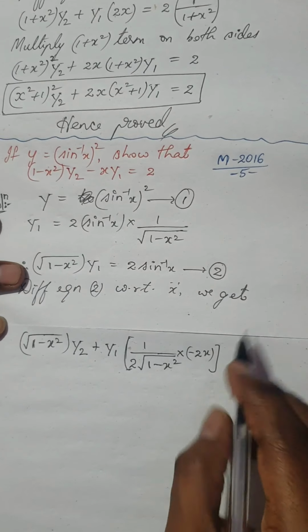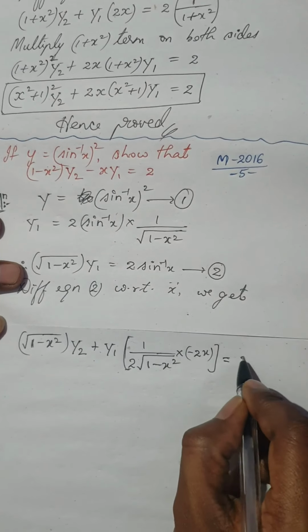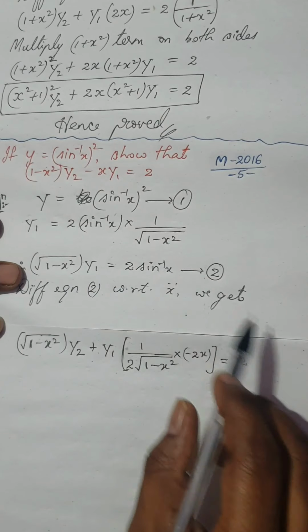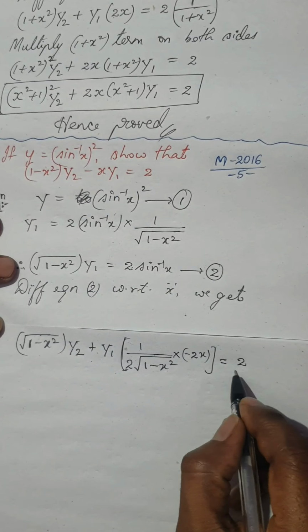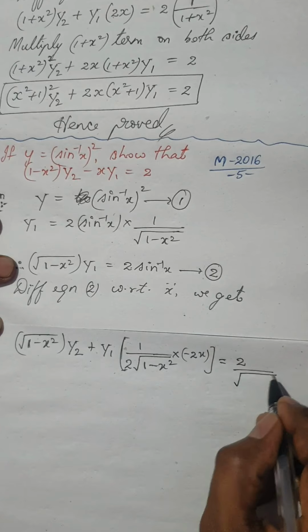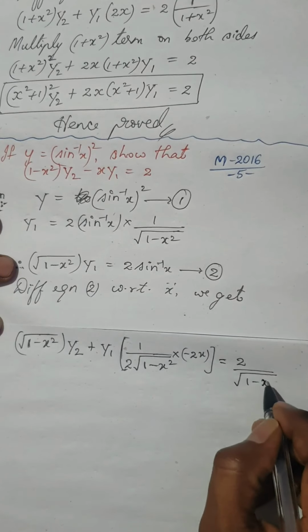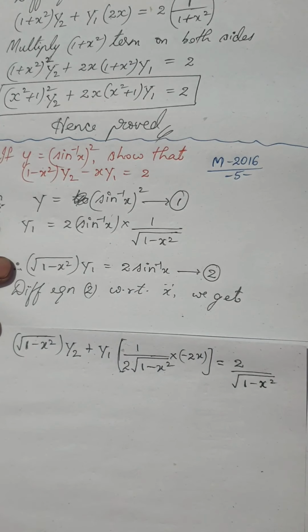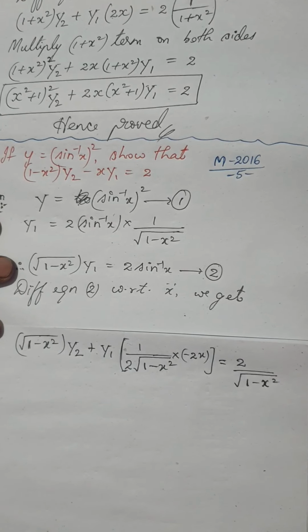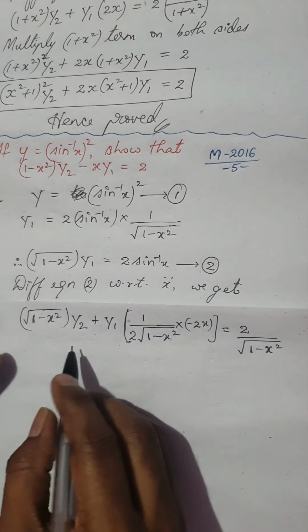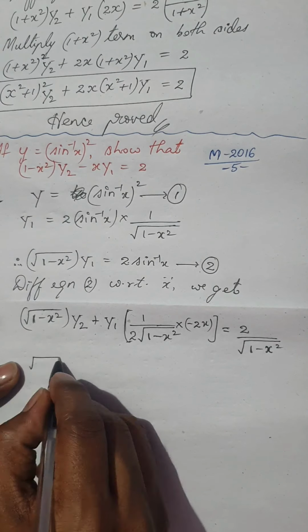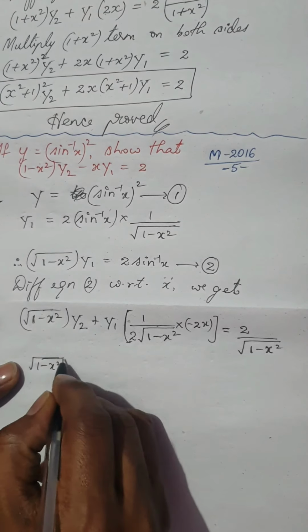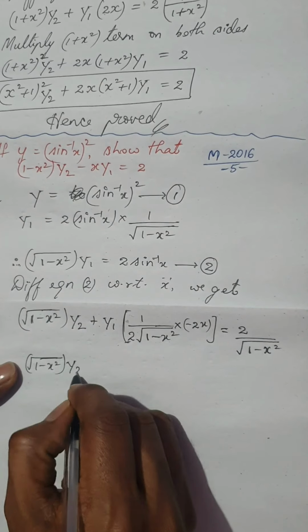Okay, so this is nothing but, right hand side, 2 is a constant. Now what is derivative of sine inverse of x? We know derivative of sine inverse of x is 1 divided by root of 1 minus x square. So because I have 2 here, let me keep it as it is. Is it clear? Let's simplify this. So I have root of 1 minus x square into y2.